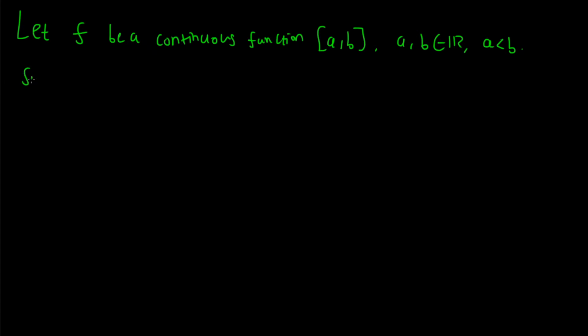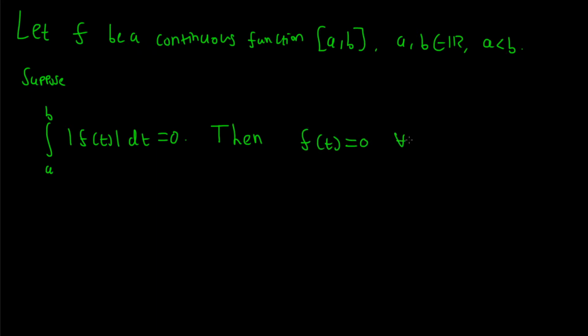We're going to suppose that the integral from a to b of the absolute value of f of t dt equals 0. And then what do we have? Well, then f of t equals 0 for every t in [a, b]. So it's the zero function.